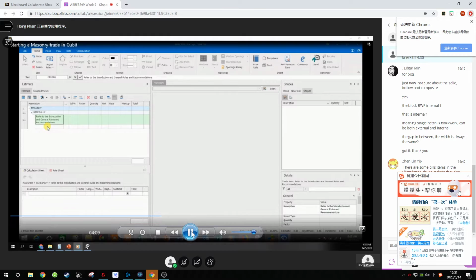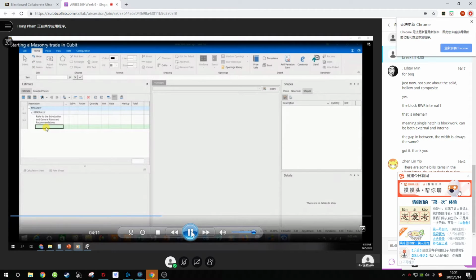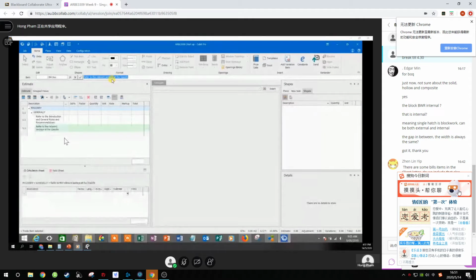And then the next item in my preambles is refer to the relevant sections of the specification. What's that say? Sections.